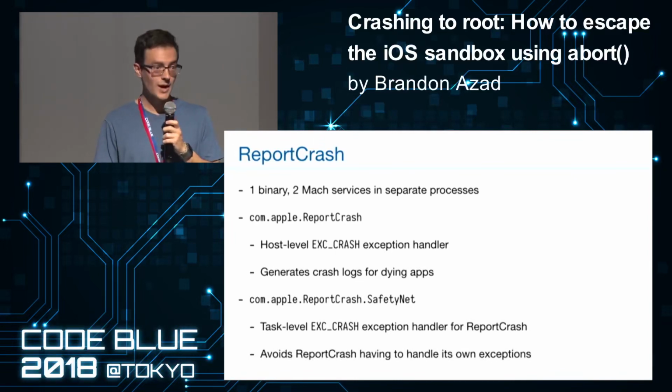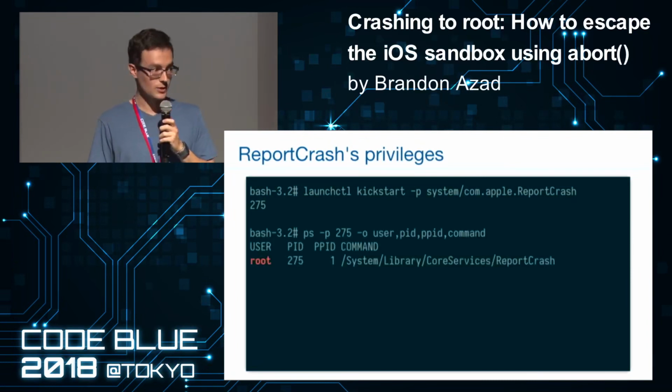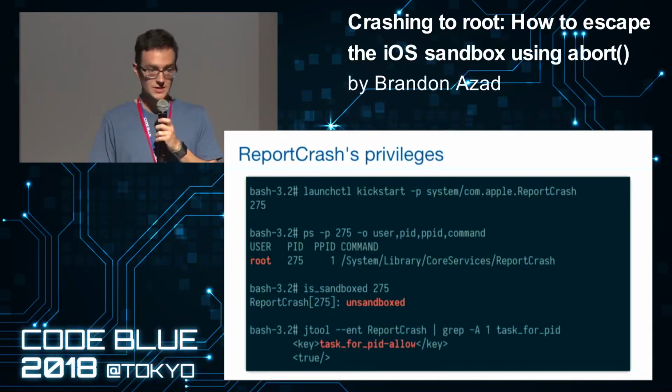So, why is reportCrash worthy of investigation? If you start an instance of reportCrash on a jailbroken device, you'll see that it runs as root, is unsandboxed, and has the coveted task_for_pid-allow entitlement. Task_for_pid-allow allows you to call the task_for_pid system call, which returns the task port for a particular PID.